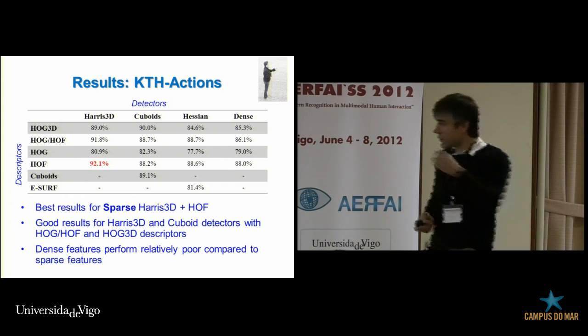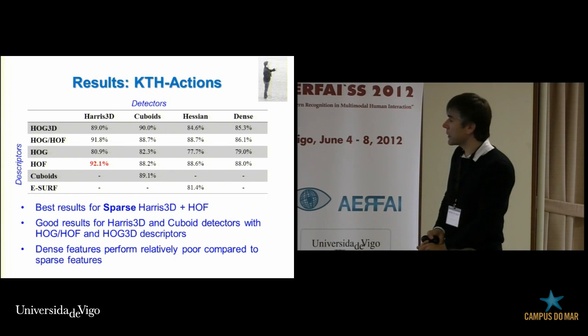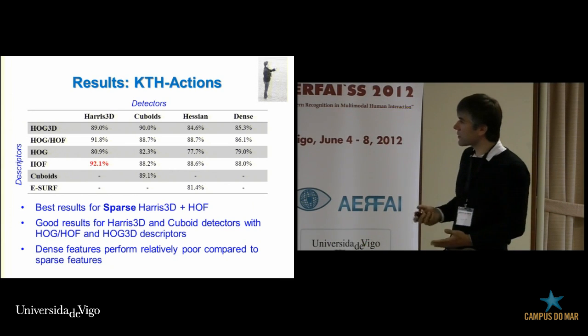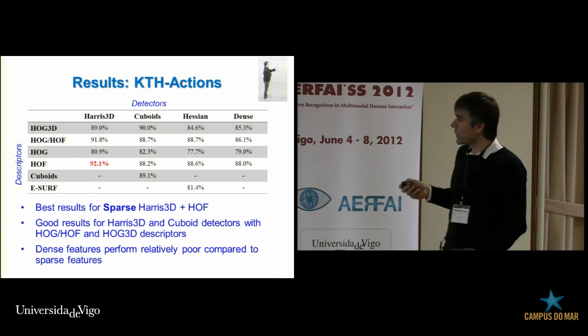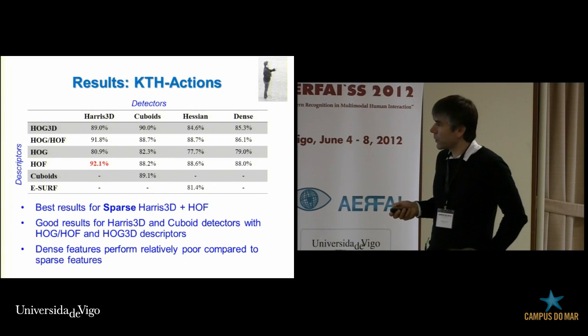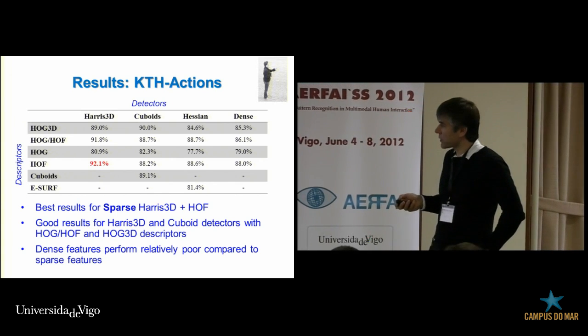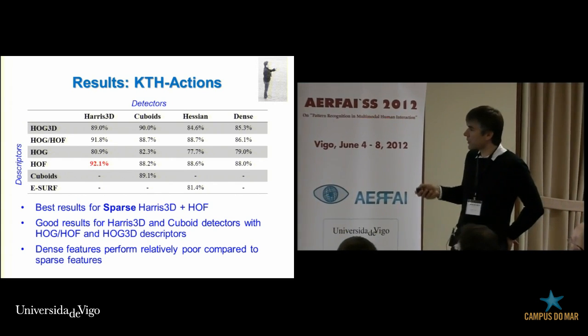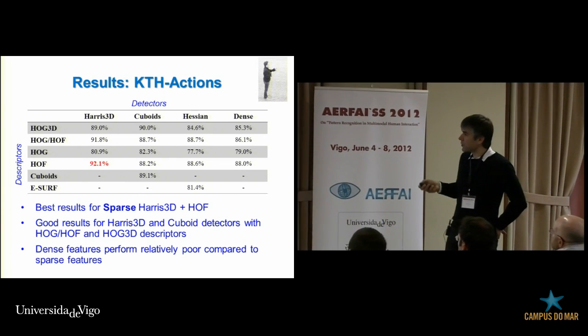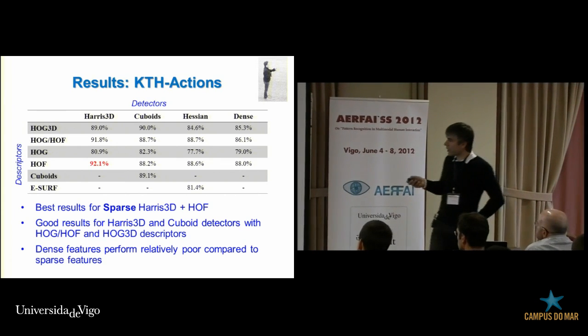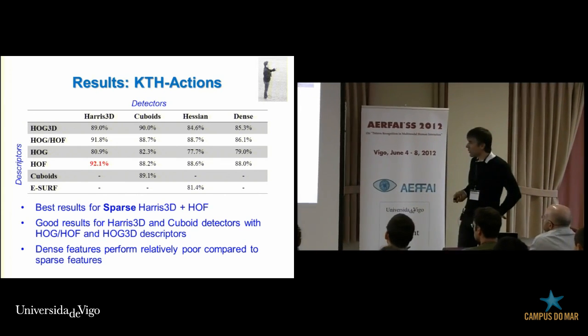So the results were interesting in a sense that, for the simple data set, we observed that the dense detector didn't do very well. The sparse detectors were doing quite good, all of them.